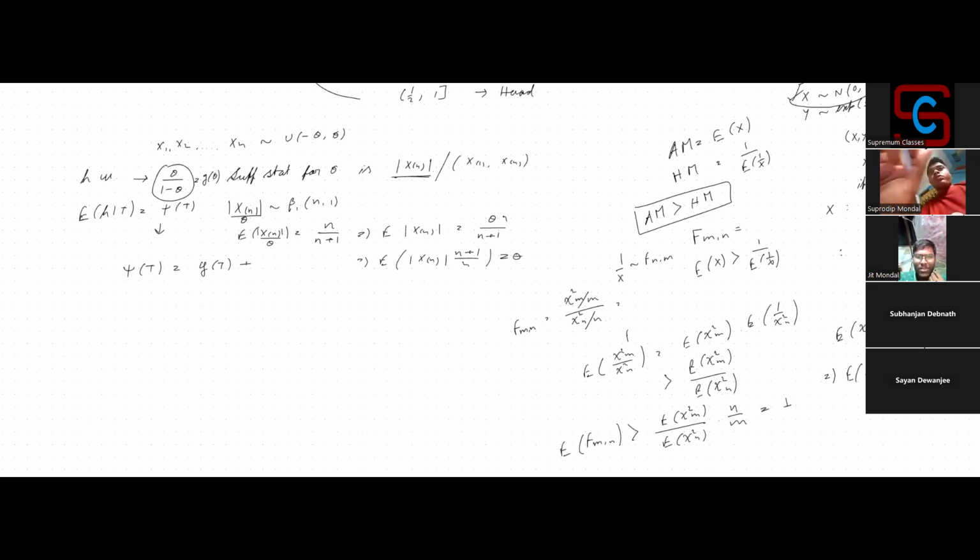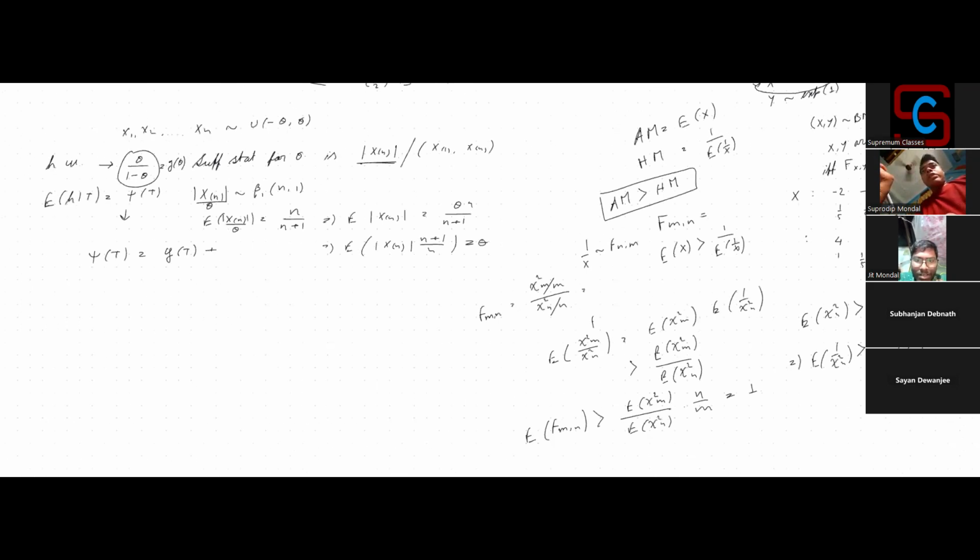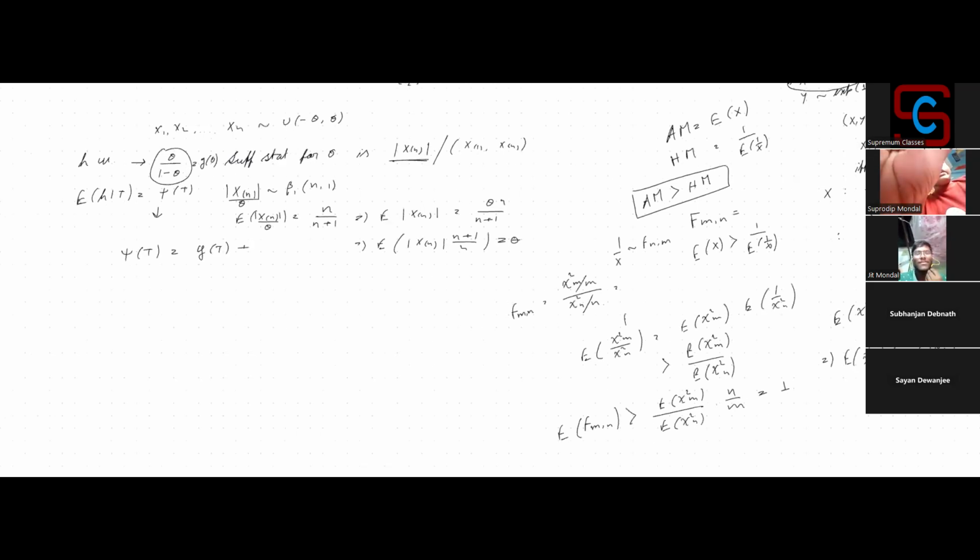What have you written there? Expectation of X order n, n plus one by n, is equal to theta. And say the expectation of g of theta equals 1 minus theta.